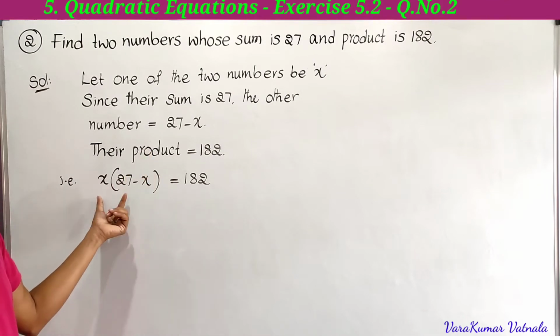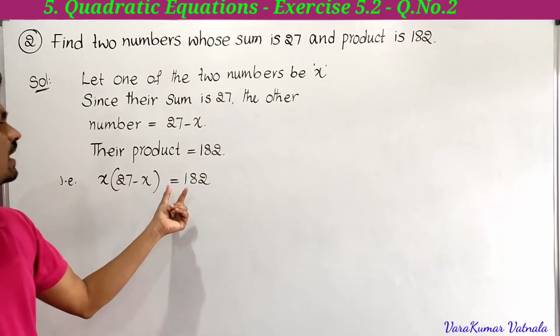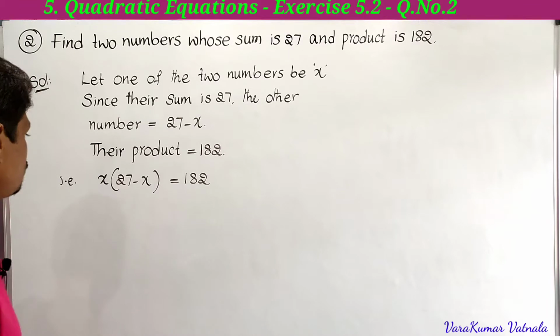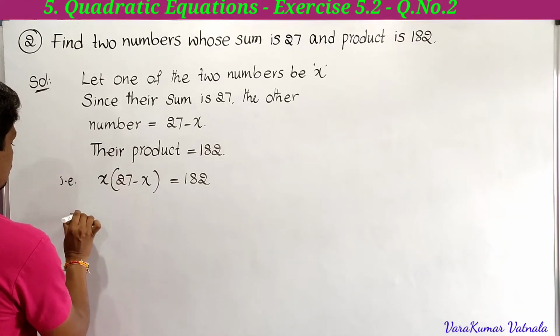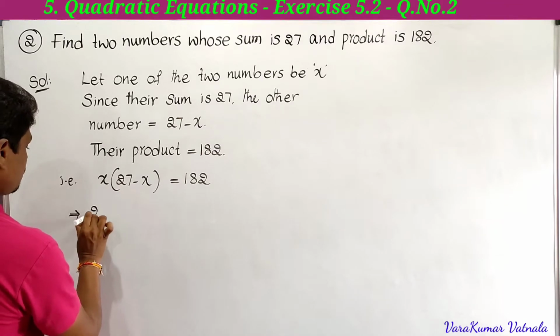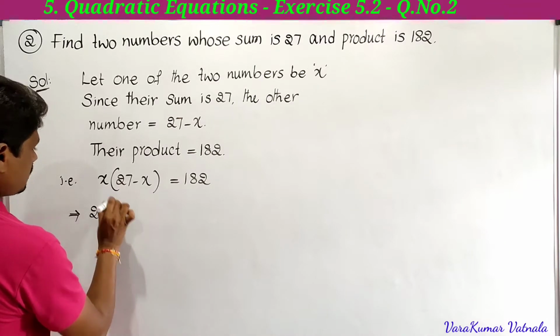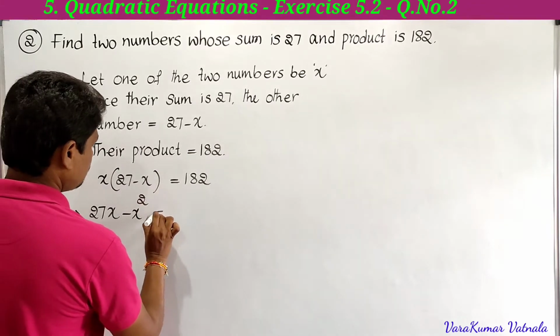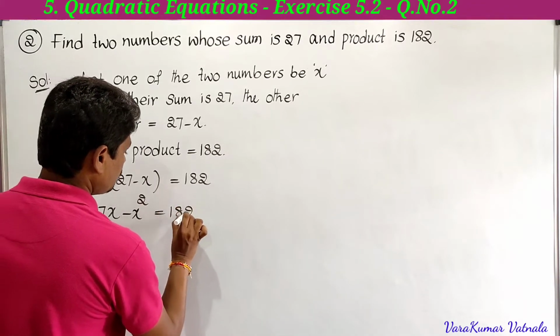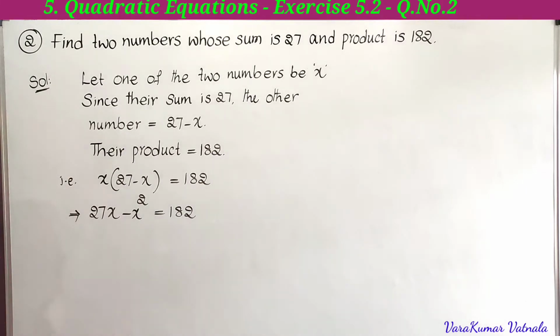Multiplying by x, x into 27 we get 27x, x into minus x gives minus x square, is equal to 182 on the right side.